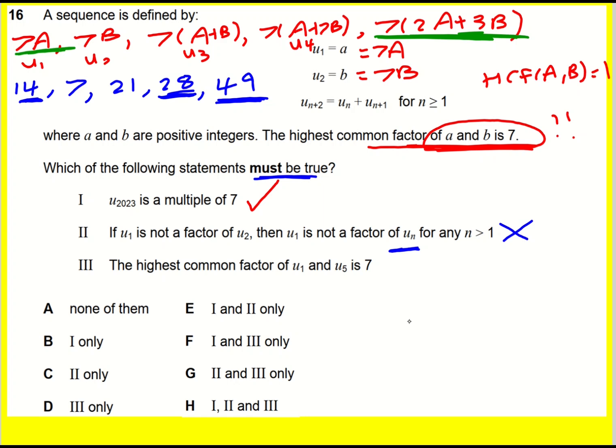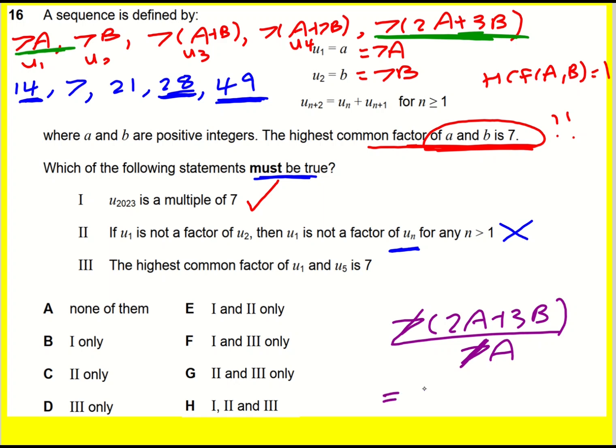So what I can do is take that U5, 7 times (2A plus 3B), and divide by U1, which is 7A. And we want to see if there's any way we can get a whole number out of this. We can see this common factor of 7.